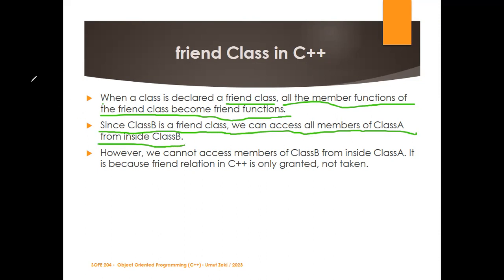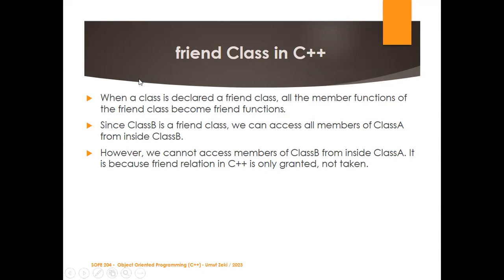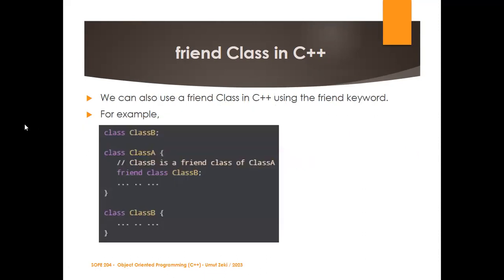So from class B, from here, I can just reach all the member functions. But from class A, I can't use it like this, okay?